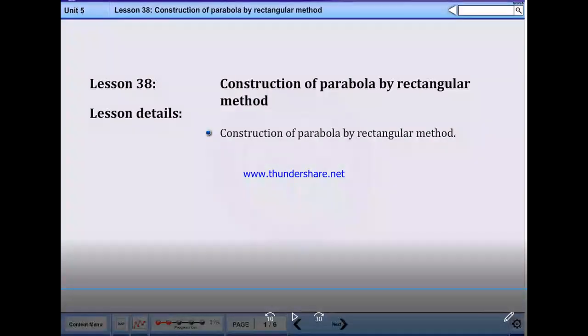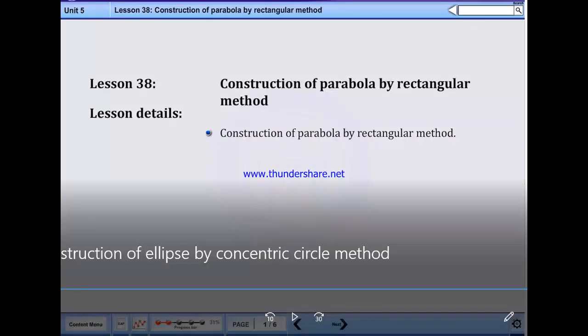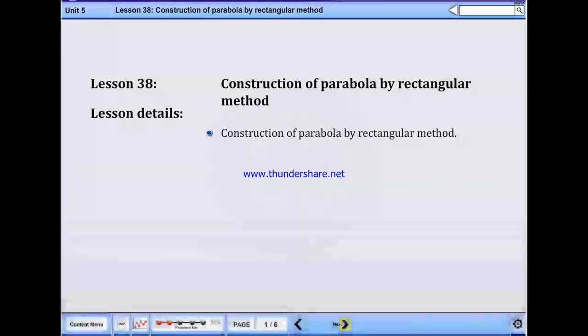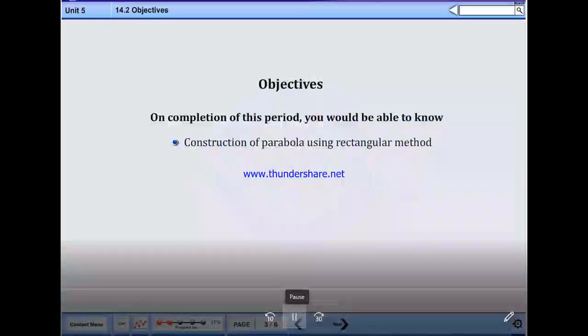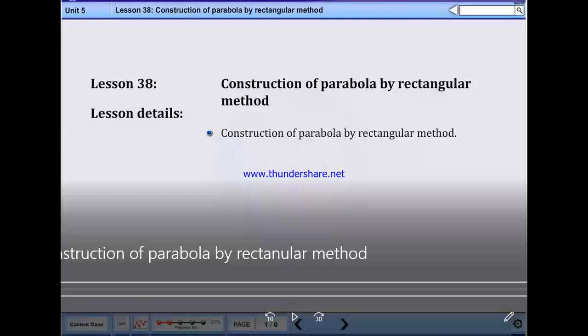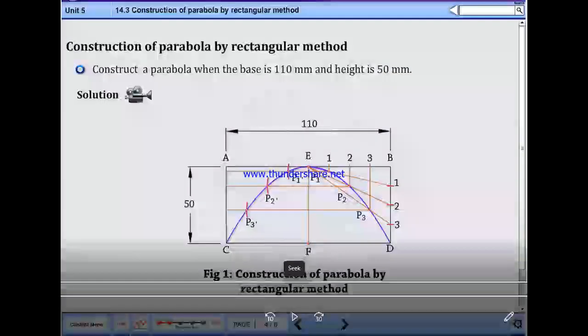Now with this, we are going to the next topic, construction of parabola by rectangular method. In this method, we will learn the construction of parabola by rectangular method.